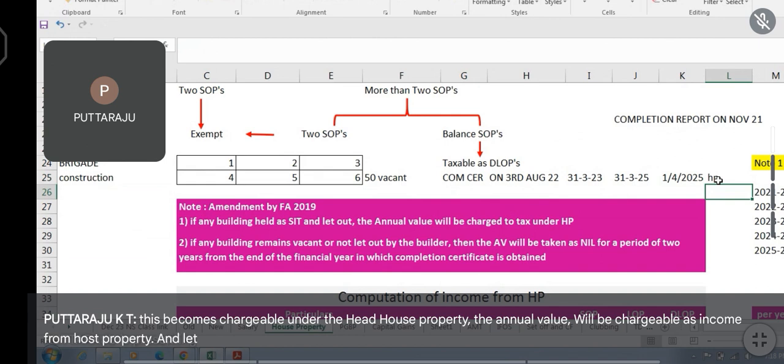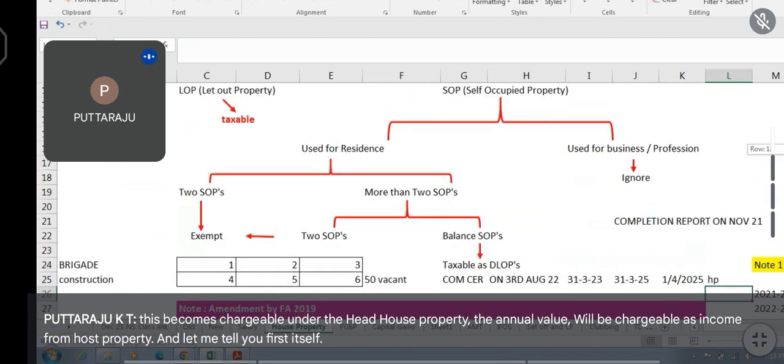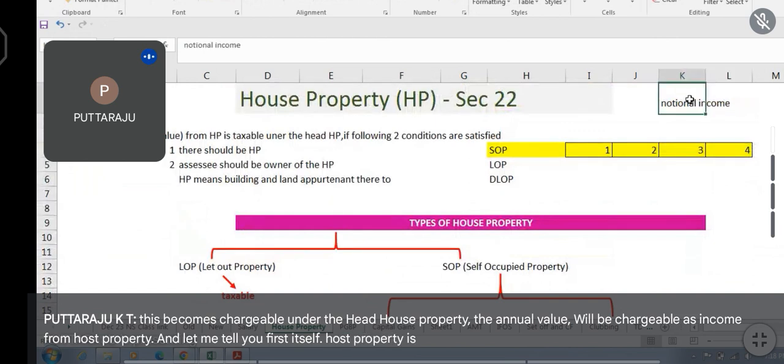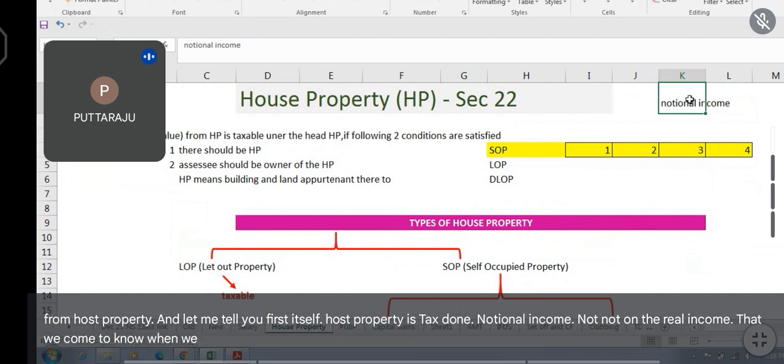Let me tell you first itself, house property is taxed on notional income, not on the real income. We will come to know that when we start learning how to calculate annual value.